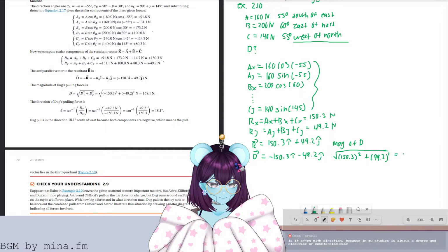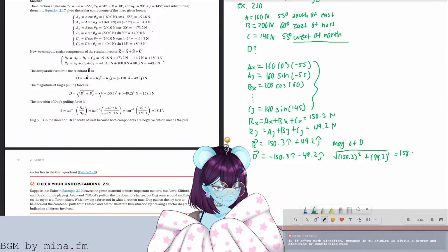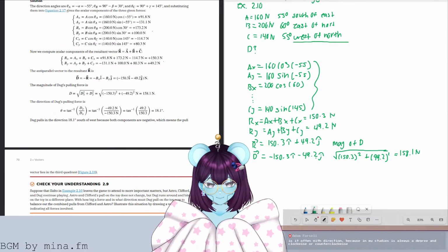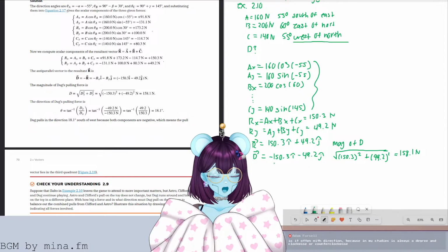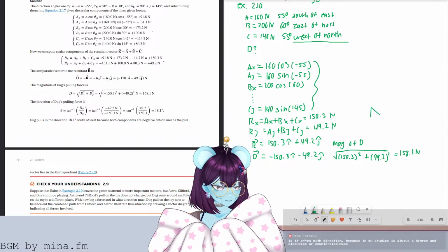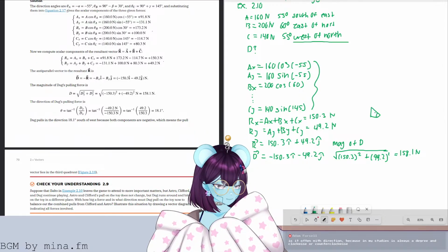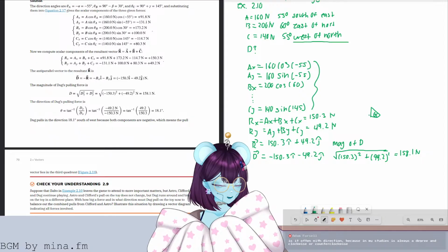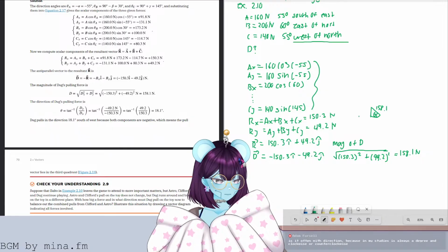And from that you can get 158. And then to find that angle, this angle, you have the magnitude but you don't know the angle, and you have each component.